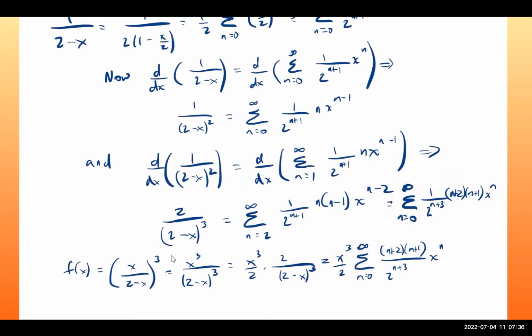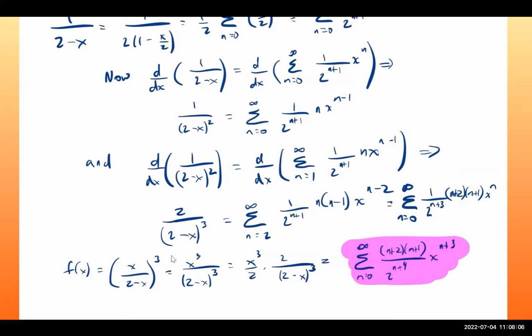And here's the x cubed over 2 part. And so this can finally be written as, all I got to do is add 1 to this. This 2 is going to add 1 to here, so this is going to be a 4. And then this 3 will be added to this, so that's going to be n plus 3. So I'm just going to erase this. And this is going to be n plus 3. And this is going to be 2 to the n plus 4. And that is it right there.